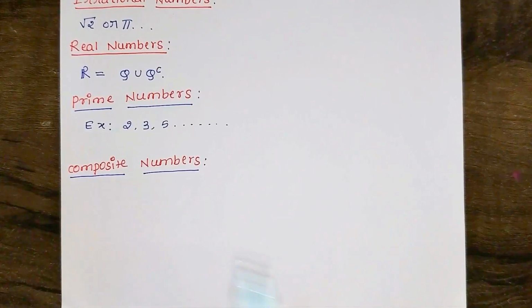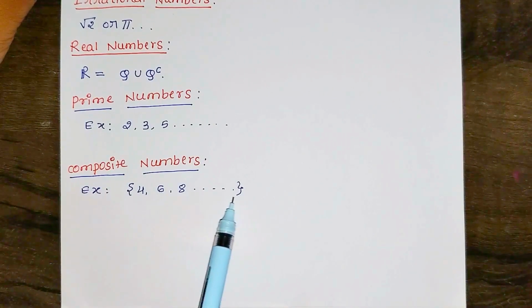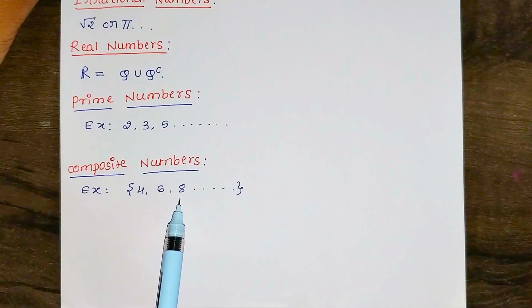Next are composite numbers. Every composite number is just a molecule made up of these prime atoms. The definition of composite numbers: numbers with more than 2 factors are called composite numbers. So the composite numbers are 4, 6, 8 and so on.